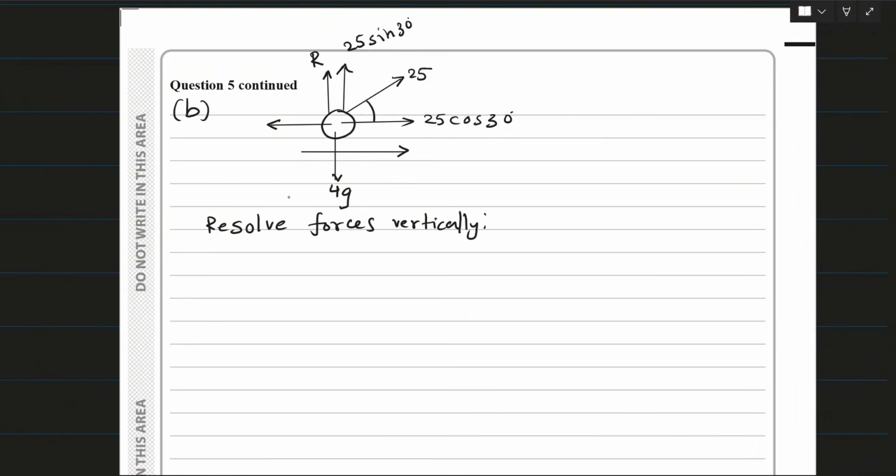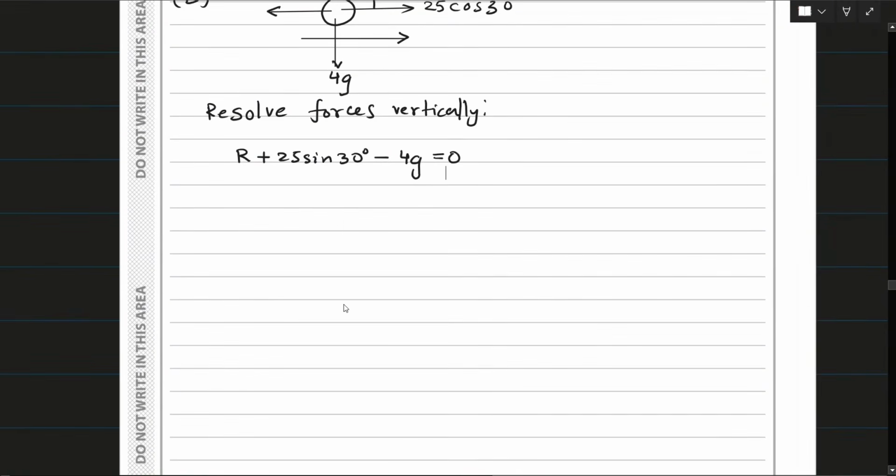We can resolve vertically, and this will give us R plus 25 sine 30 as the two upward forces, and we have to subtract the weight because the weight is acting in the opposite direction. Adding all these forces will give us 0 because the box is in vertical equilibrium. So the addition of all the forces vertically will give us 0.